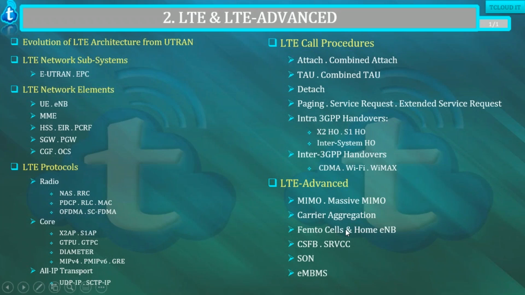Also carrier aggregation, femtocells, home node B, CSFB, SRVCC, self-optimized networks, eMBMS, etc. So all these features in LTE advanced we'll be learning. This is the entire second module for us.